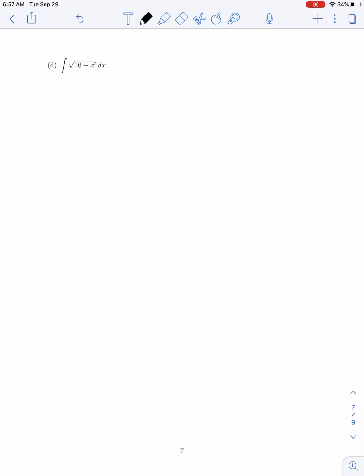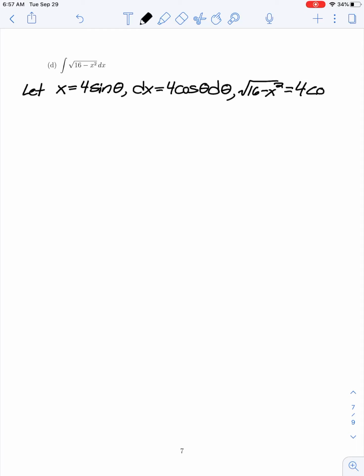And for an integrand of this form, the substitution I would make is x equals 4 sine theta, so that dx would be 4 cosine of theta d theta, and the square root of 16 minus x squared is then 4 cosine of theta.